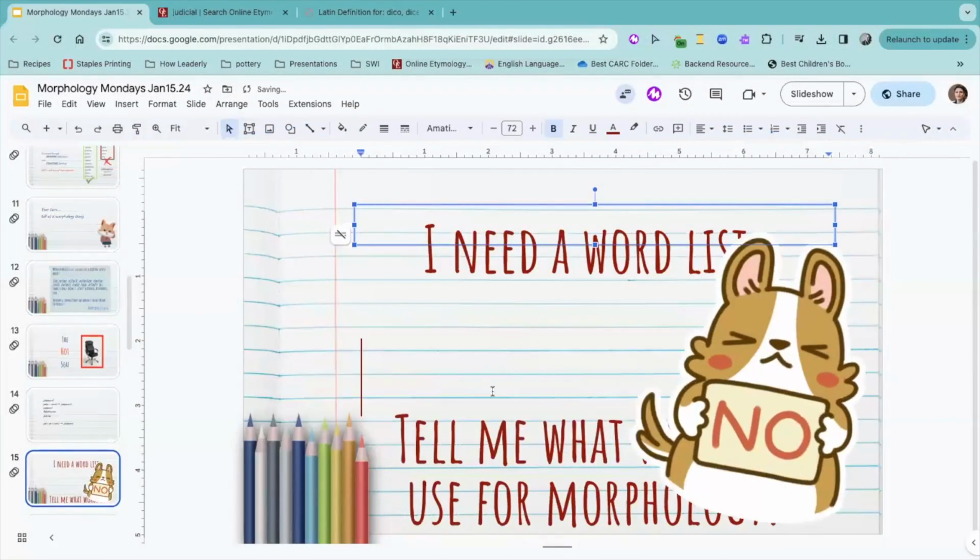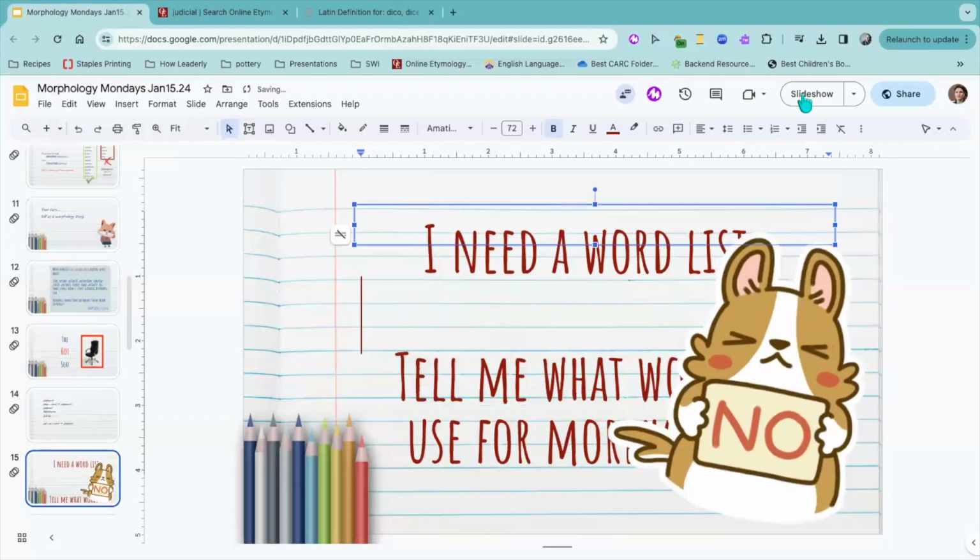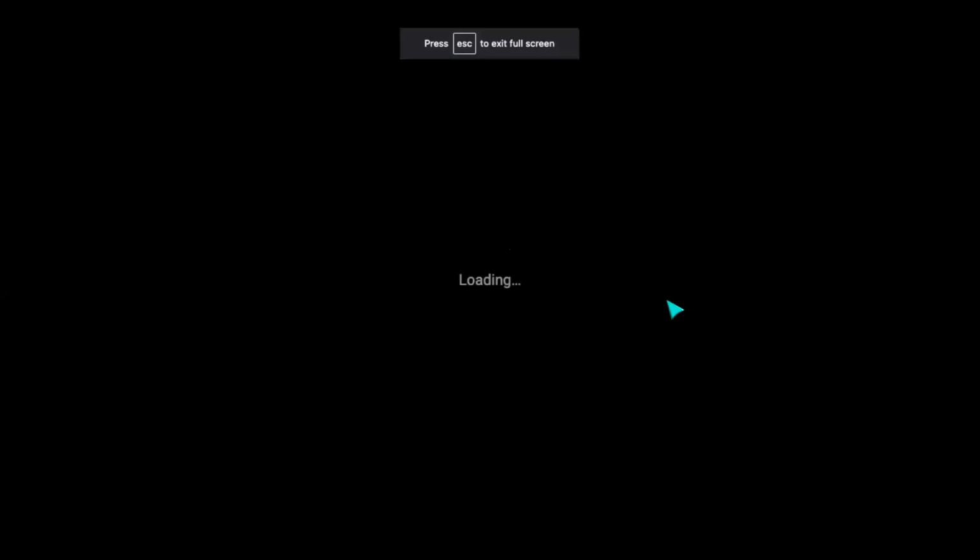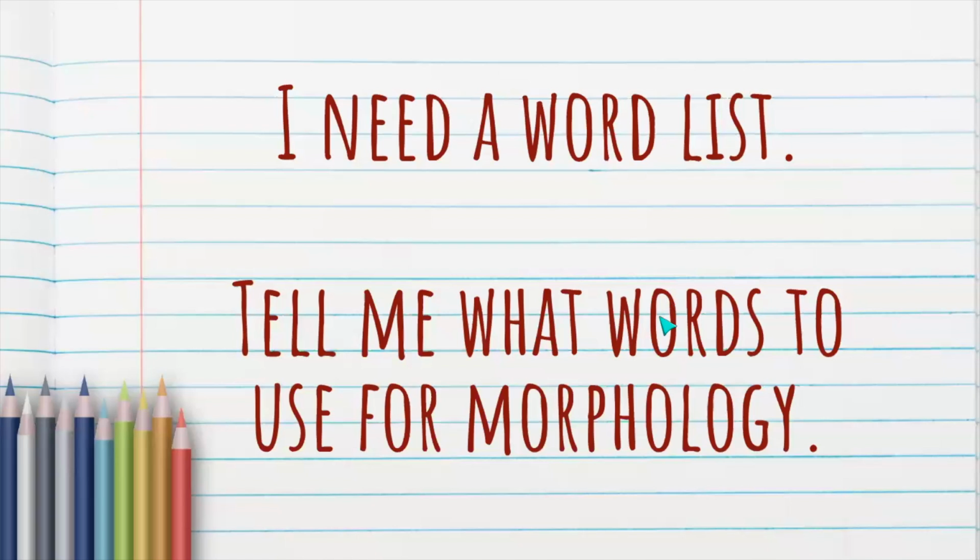Tell me what to do, give me a word list. And that kind of defeats the purpose of being curious about words. So there isn't one. And honestly, you don't want one. We want to be able to build a skill set where it doesn't matter what the word is, that we can ask ourselves, how is this word being built?